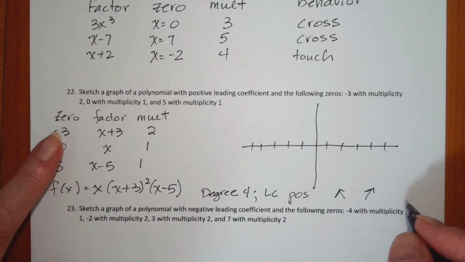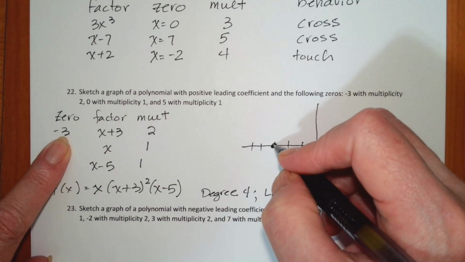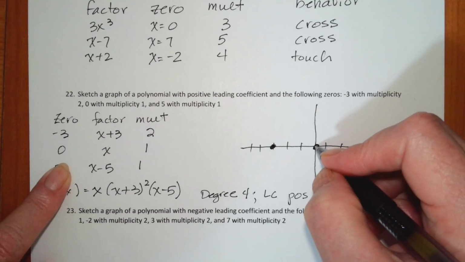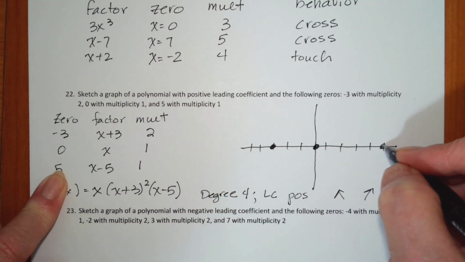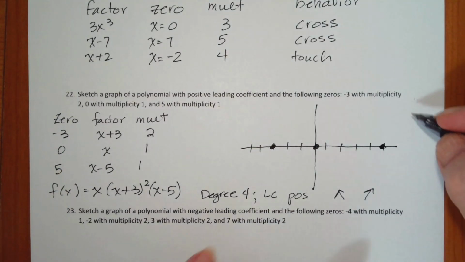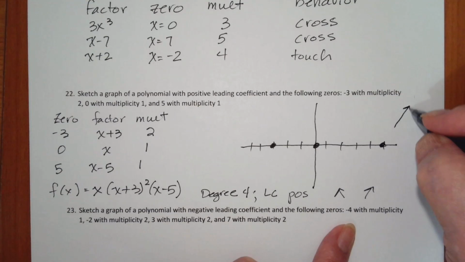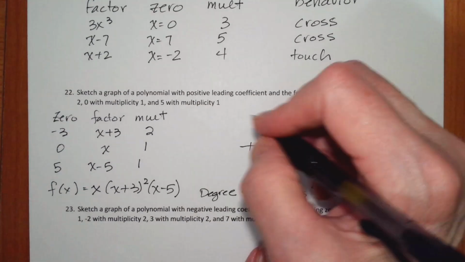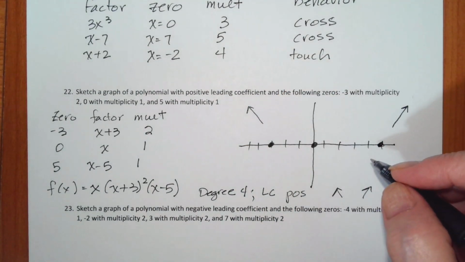So let's find my zeros and what happens. So I have a 0 at -3. I have a 0 at 0, and I have one at 1, 2, 3, 4, 5. So I know that beyond this, it just continues getting larger and larger. Since these are the only zeros, it never turns around and goes back down. Same thing over here. So now I just have to figure out what happens at each of these.